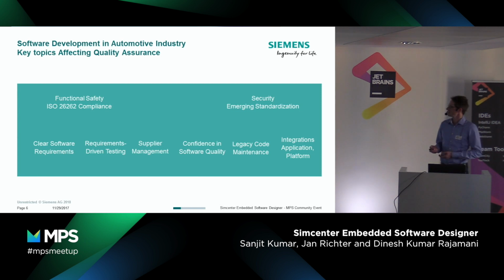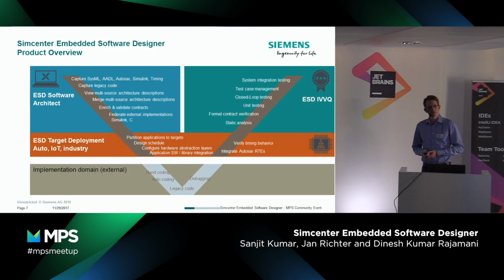So these are things that interest us, and here is Embedded Software Designer in terms of three major modules. The first module is for defining software architecture. We have importers from various architecture description languages. We have ways to capture legacy code and also to discover architecture from that.